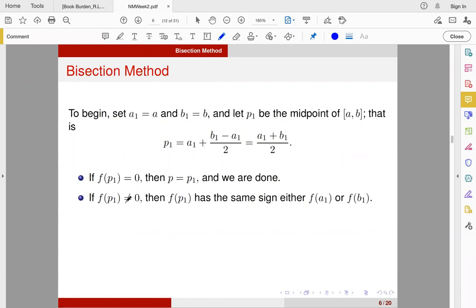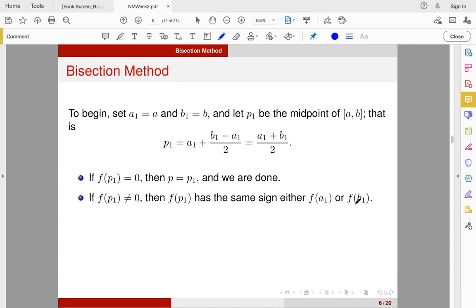But if FP1 is not zero, then FP1 has the same sign as either FA1 or FB1. So at first we have FA and FB in the opposite sign. After we calculate P1, we check what is the sign of FP1, and it could be the same sign as FA1 or FB1.